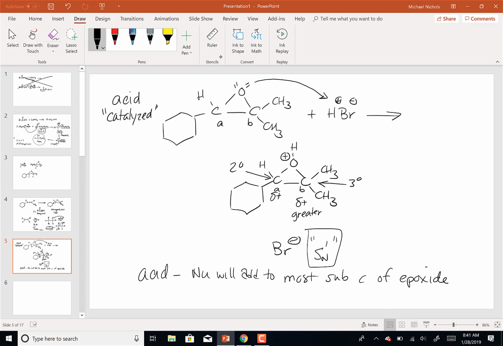So every time you protonate that O, you force the nucleophile to add to the most substituted carbon. And it's still going to be 100% trans. Okay. Everybody okay with that?